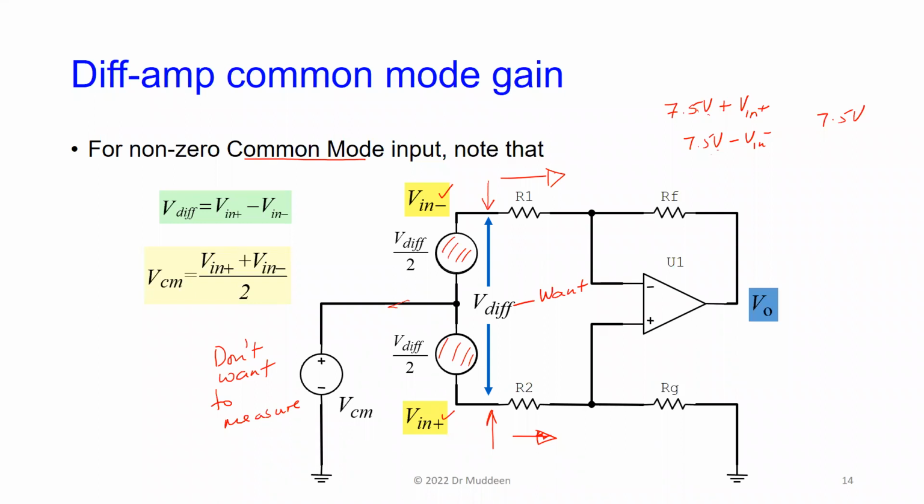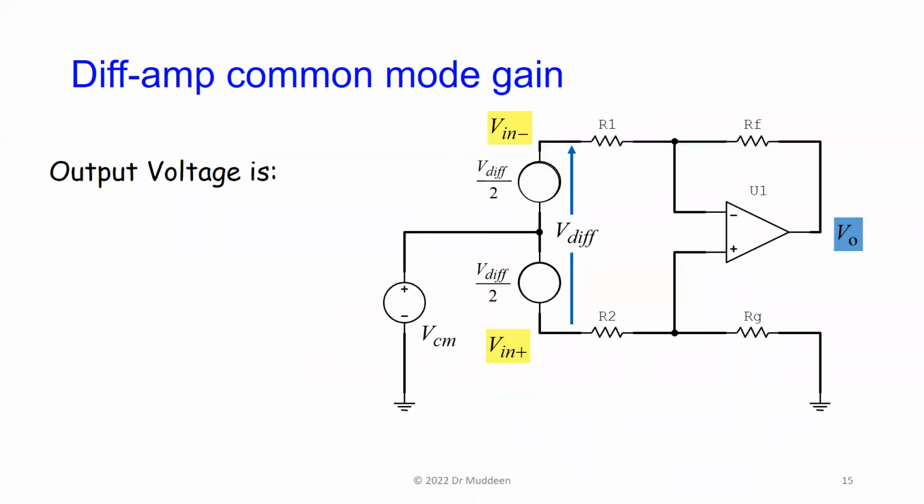So if we do that, Vin minus will be V common mode minus Vdiff over 2, and Vin plus will be V common mode plus Vdiff over 2.